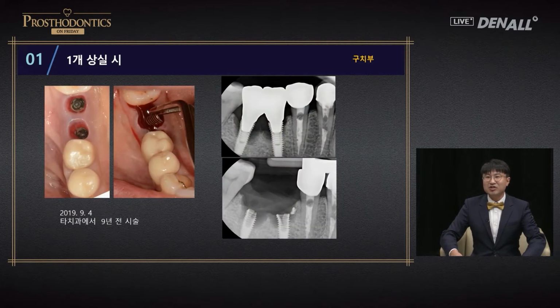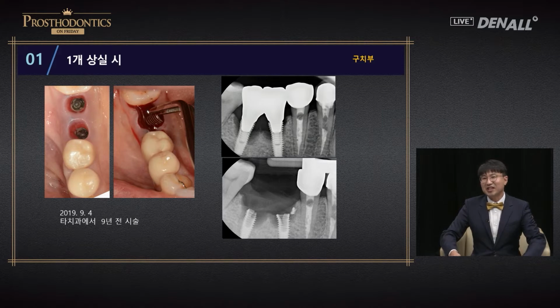9 years ago, a different dental clinic placed this implant. There was a problem and a small diameter fixture was fractured. The reason for fracture is complicated, but I am pessimistic about splinting fixture level screw type prosthesis. It's difficult to get a passive fit.